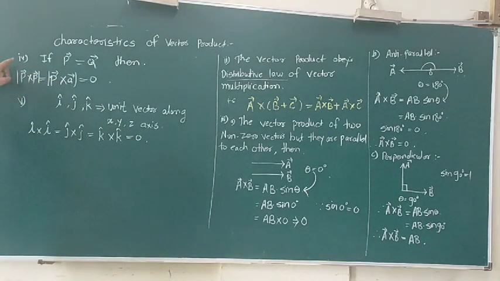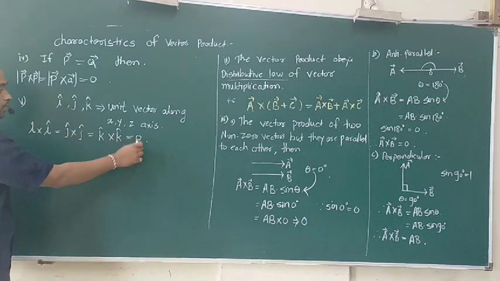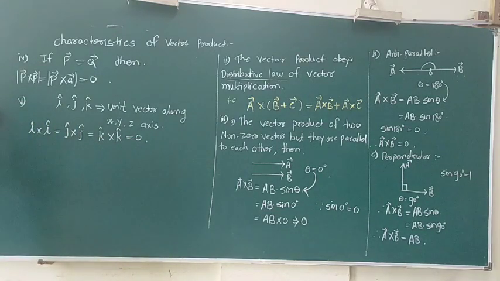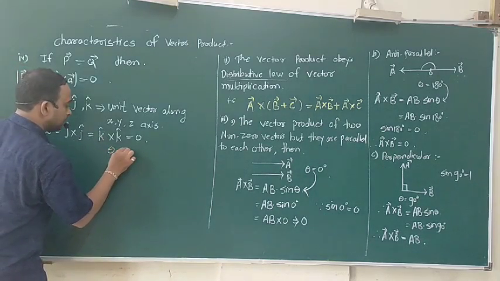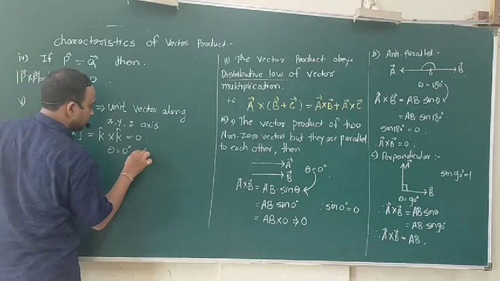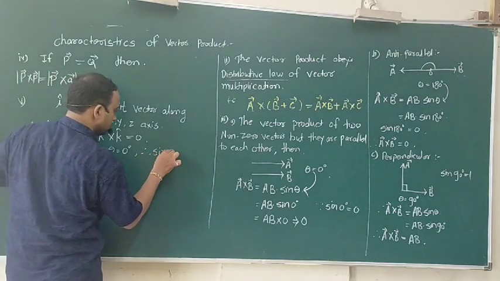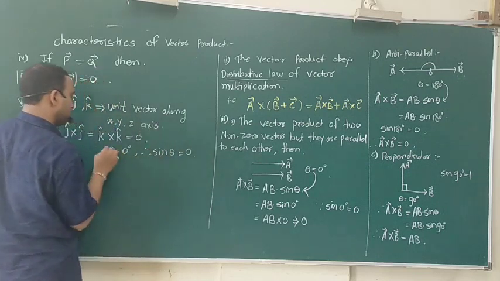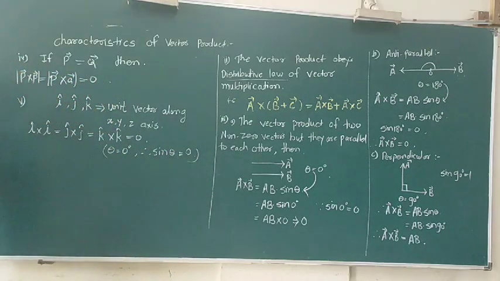Right? See here, the cross product of a vector with respect to itself is equal to 0. Similarly, if we take the cross product of a unit vector with respect to itself, then the cross product is equal to 0, because the angle between these two, that is theta, is equal to 0 degrees. Therefore, sin theta is equal to 0, or sin 0 is equal to 0.